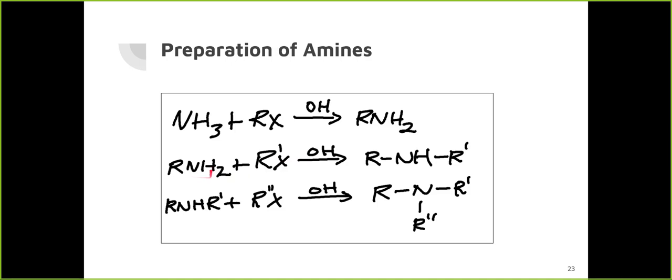You can take that primary amine and react it with a halogenated alkane, again in the presence of a strong base, and make a secondary amine. And you can take that and react it again and get a tertiary amine. So again, you might get a question like this on the test.